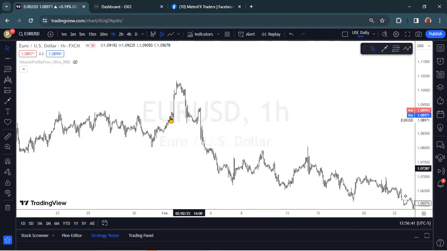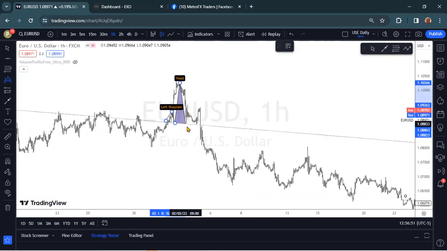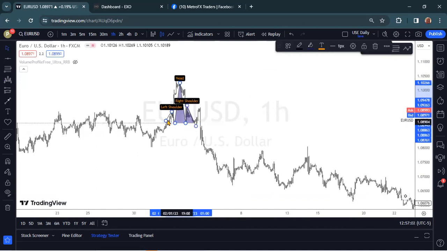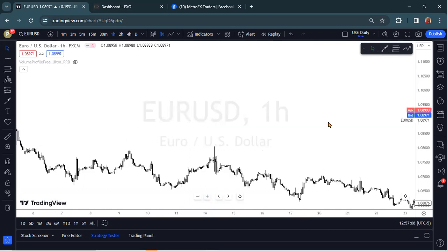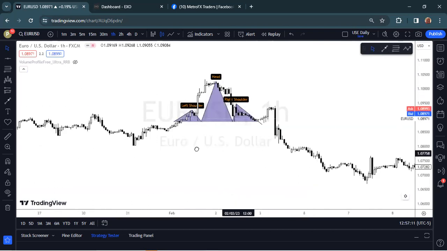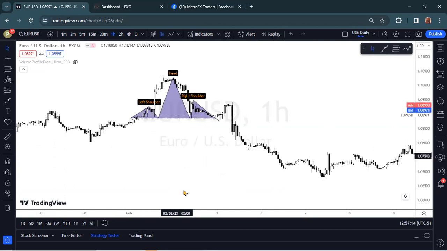Okay, look at that. That's another one. You're just drawing these out because you want to train your eye to see how many times this develops. And if it develops, I want to be in the market because I know it's going to trade lower. Another head and shoulders.